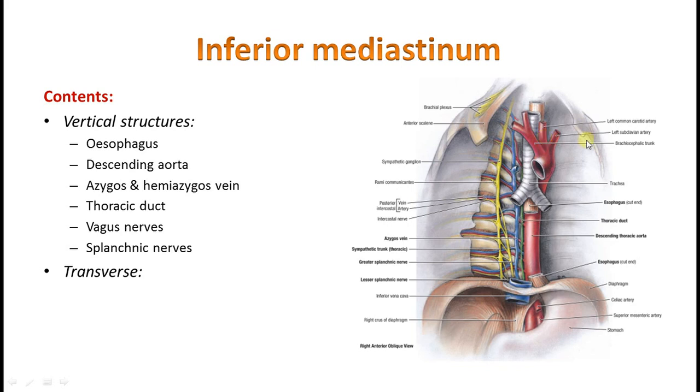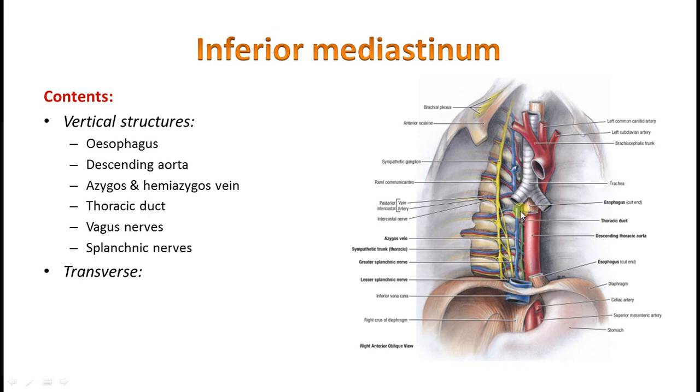So transverse structures: posterior intercostal vessels, as I told you. Then the hemiazygos vein on the left side will run transversely to end in the azygos vein. In the same way, in the upper half you have the accessory hemiazygos vein, which will also terminate.